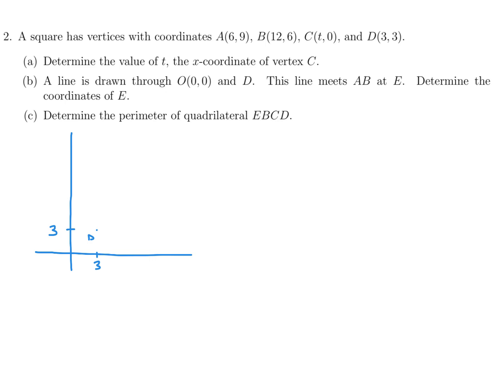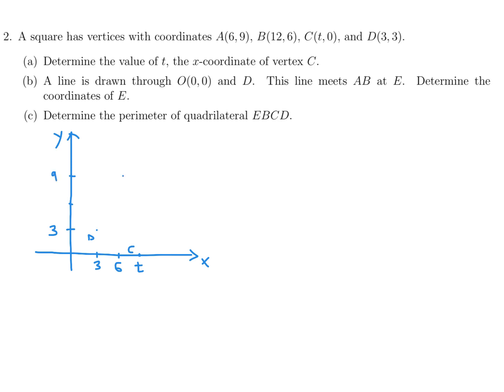And then C is right on the x-axis. This is the x-axis, this is the y-axis. So that's (T,0), so I'm not sure what T is, but we'll just call it T. So that is C. And then 6, 9, let's just say that this is 6, and then 9 would be somewhere here.